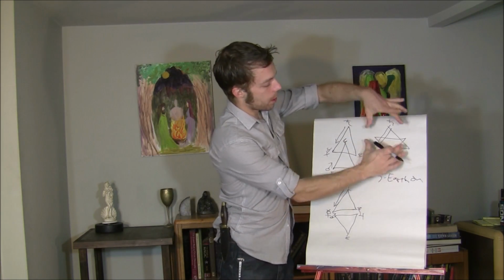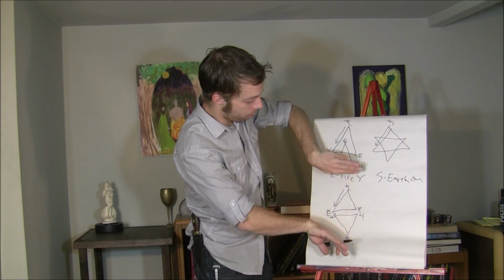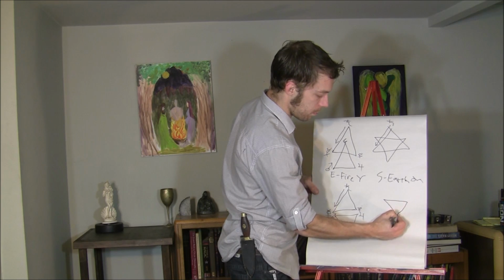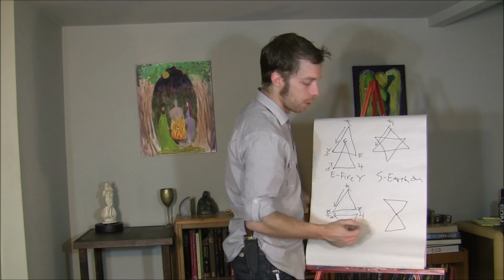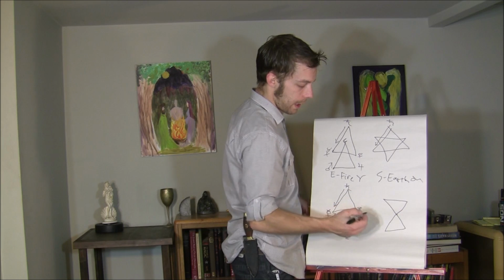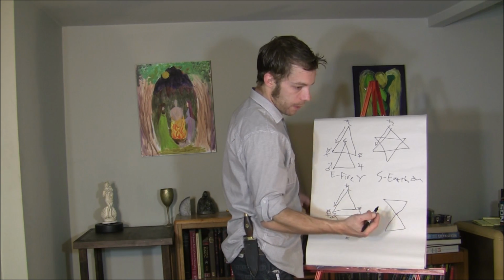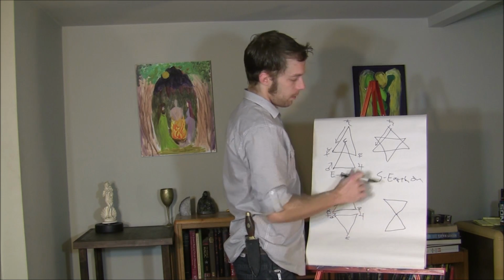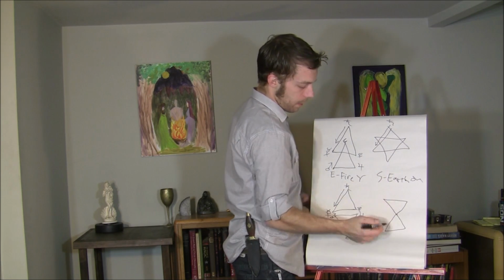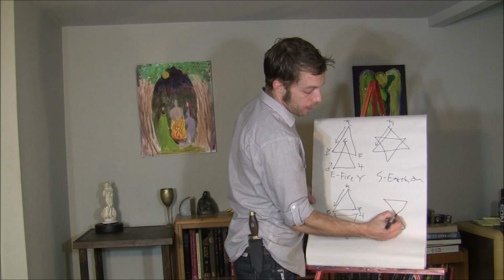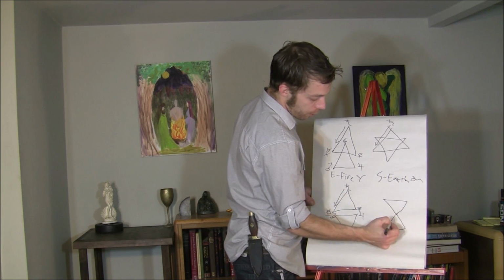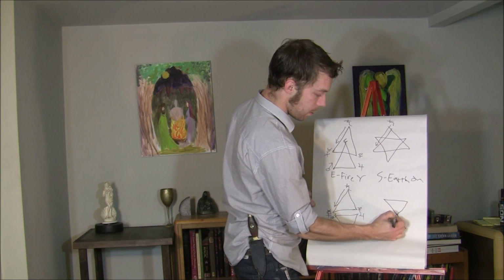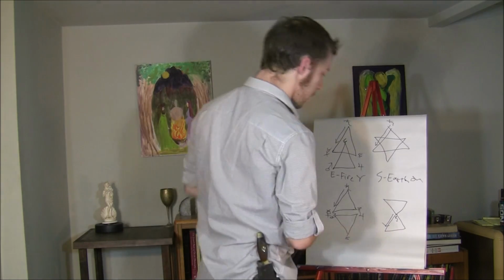Fire consuming, earth in balance, air separating, and then water unifying or conjoining. Now, water is a little bit weird as far as our downward pointing triangle that has Luna is all the way up top. So we actually start with the lower triangle from the Saturn point, moving counterclockwise.